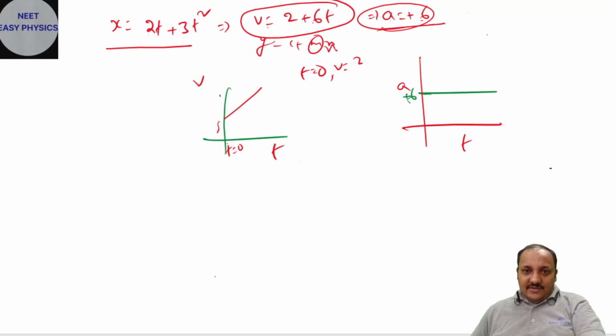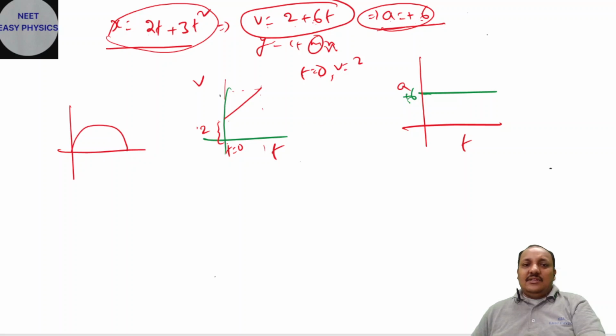So from there, its value is going to increase up to a maximum value. The initial value is 2, and the slope of this graph is 6, isn't it? So this one is a parabola, x is equal to 2t plus 3t square, isn't it? So like this, we are going to get the graphs.